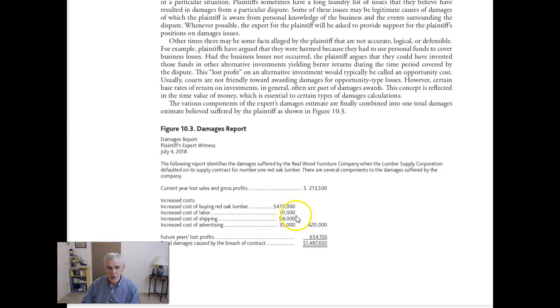Labor cost, shipping cost to the customer, and advertising cost add to $620. The future lost profits, we just computed at the top of this page. Add them all up, we're up to $1.487 million. So almost $1.5 million they're saying are the losses.